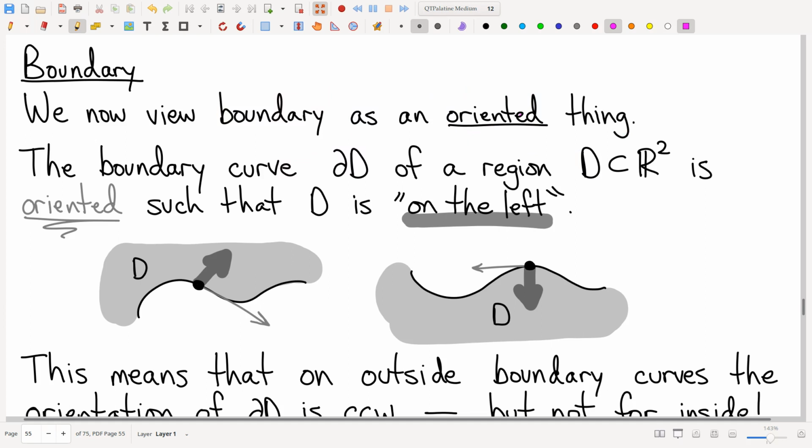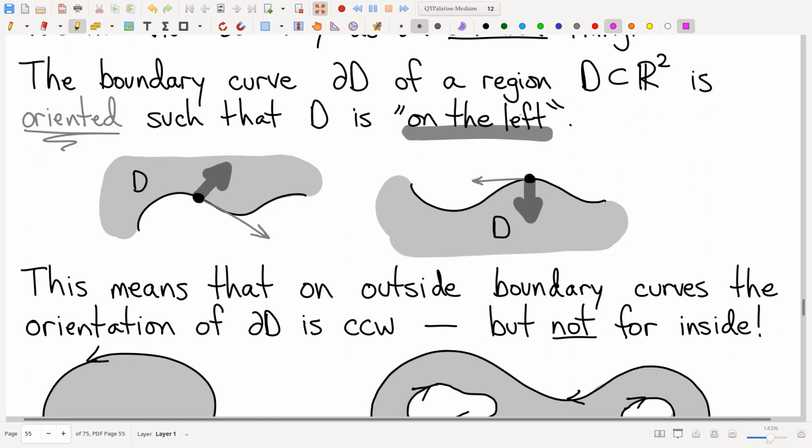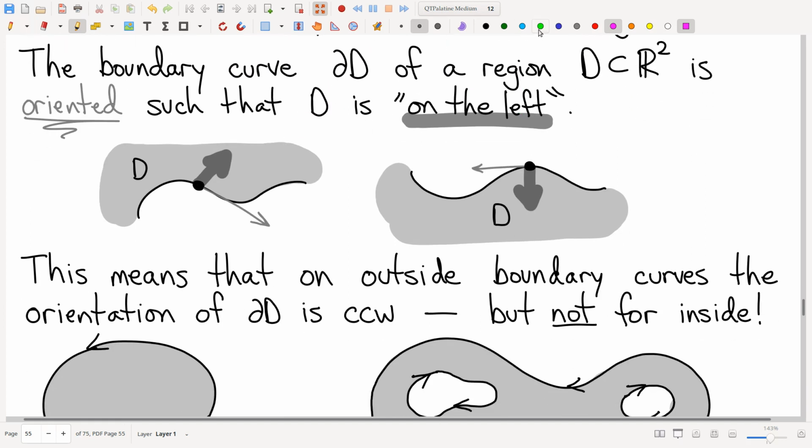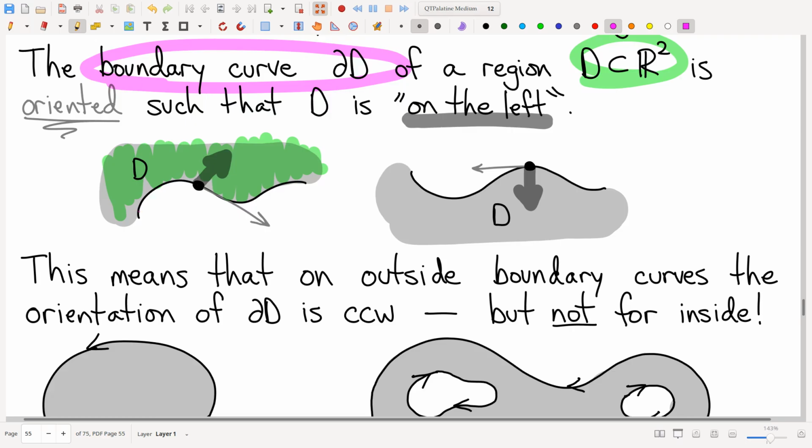There's a collection of different conventions. Here's the first one, and that is if you're talking about a region D, some two-dimensional region, I like to think of this as a grassy field. And if you're interested in the boundary curve, so for example, there's the boundary. That's the edge of our little grassy field.